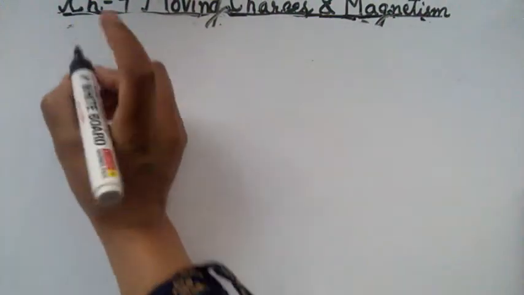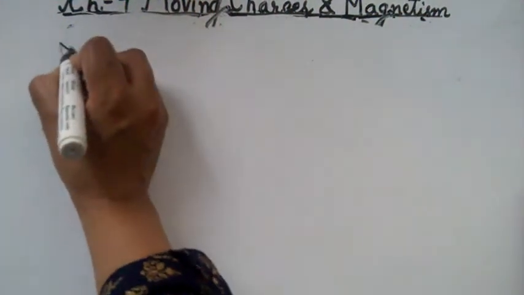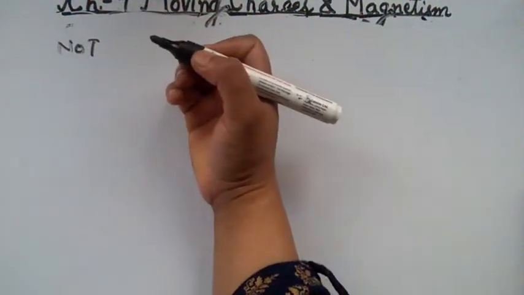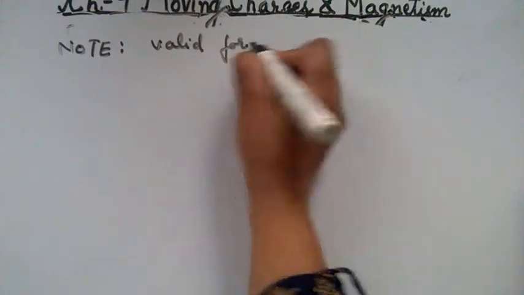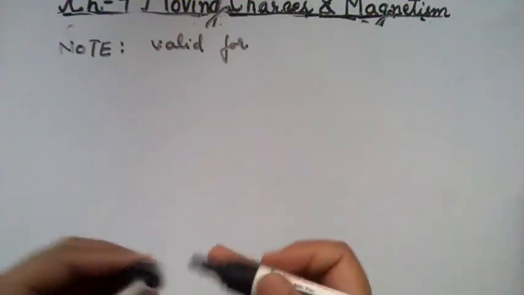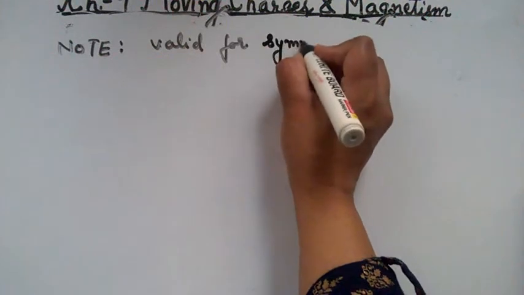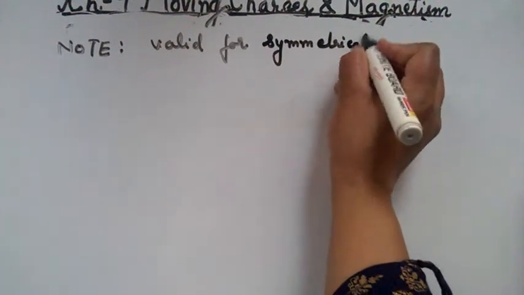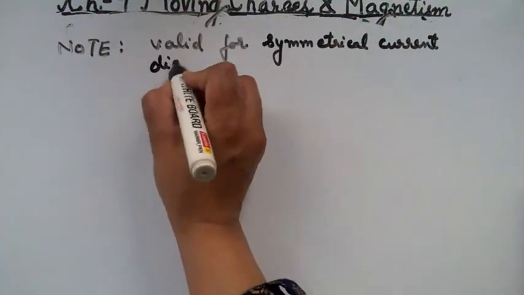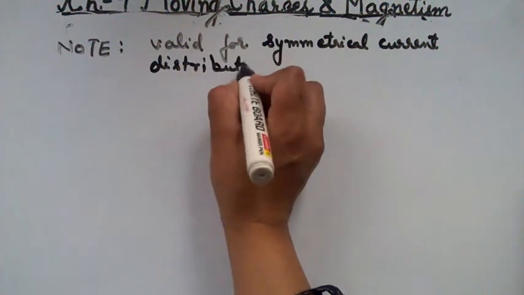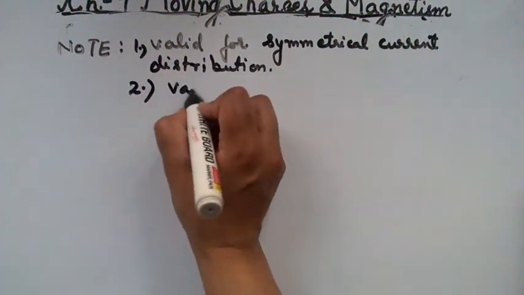Some points we need to keep in mind about Biot-Savart law: this law is valid for symmetrical current distribution only, and it is valid for small length conductor.